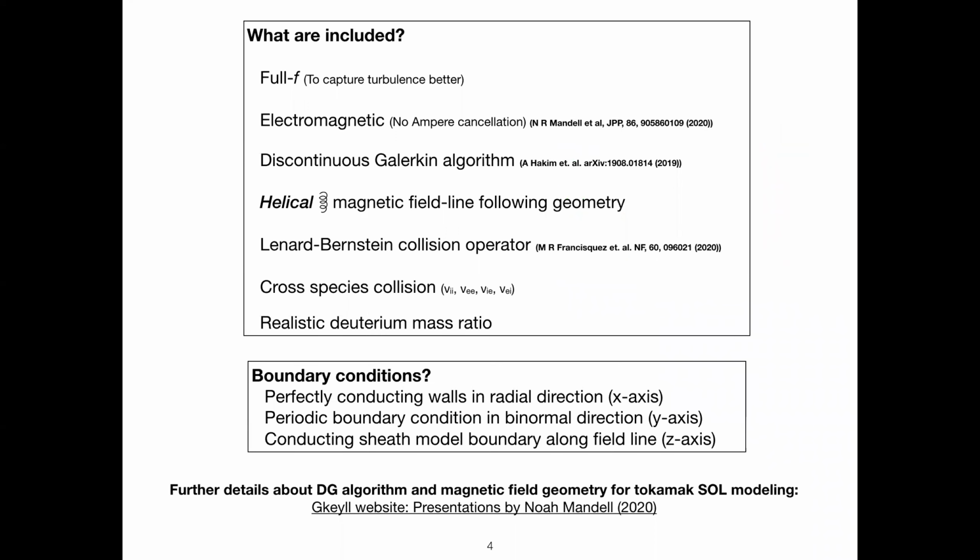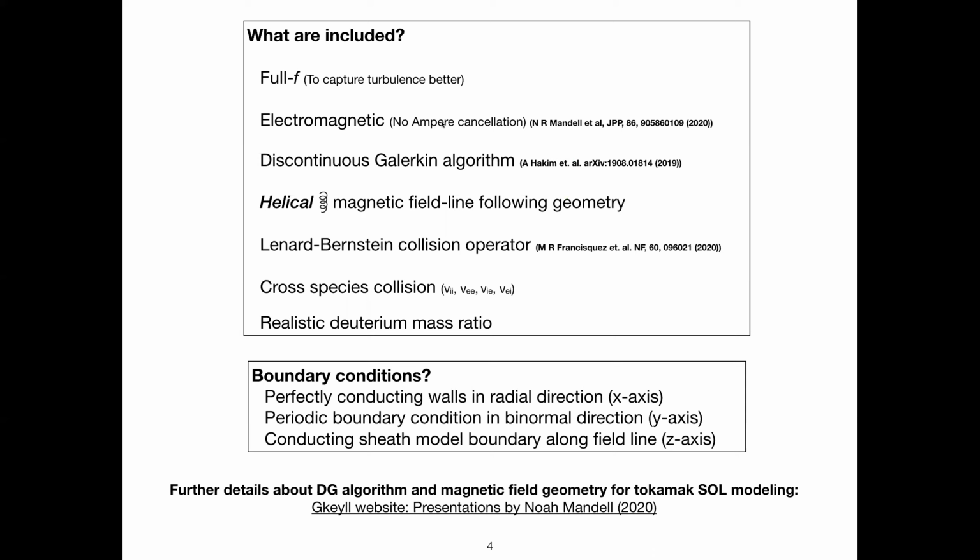What is included in our simulation? We are simulating the evolution of the full plasma distribution function, or the full-F. This helps us to capture the turbulence with more accuracy. Our simulation is electromagnetic, such that it can capture the magnetic field line bending effects.